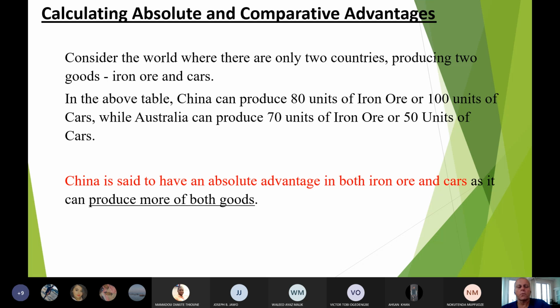And from this point of view, the absolute advantages, as I mentioned to you, depend on the quantity produced and the price.